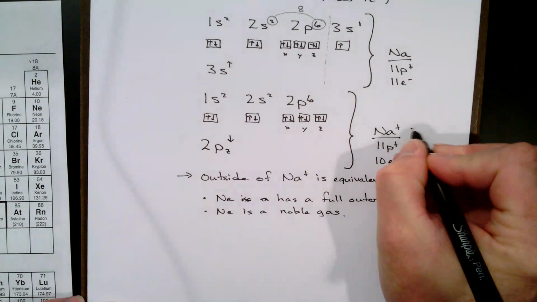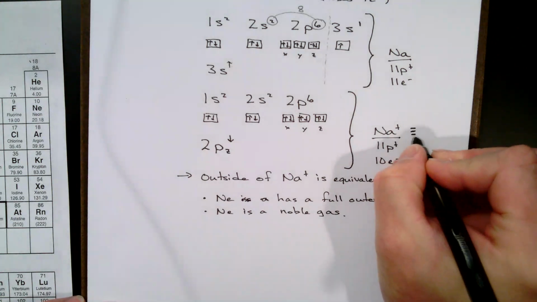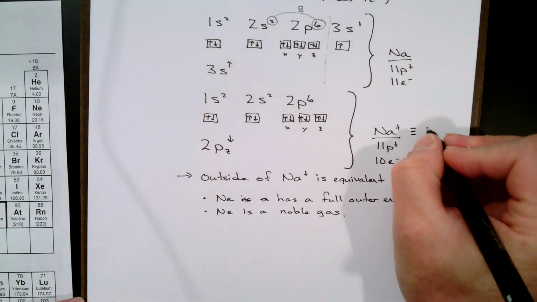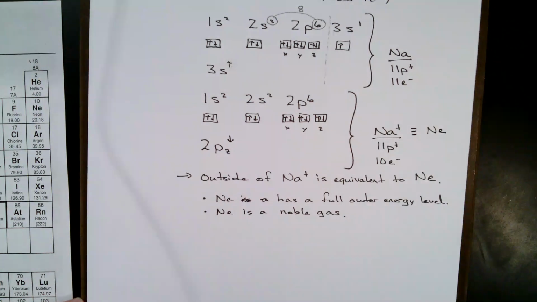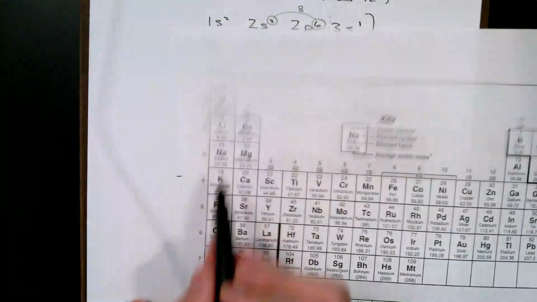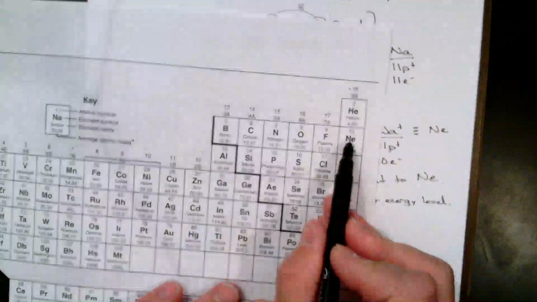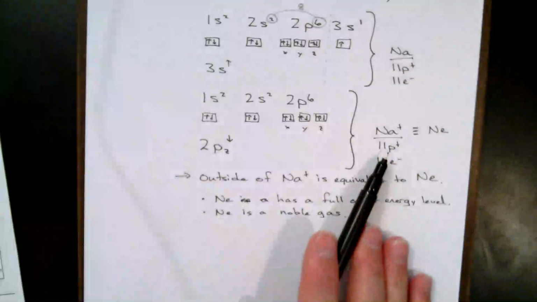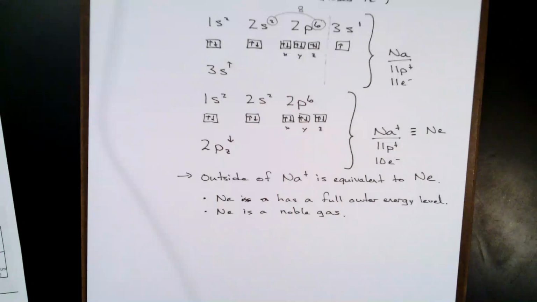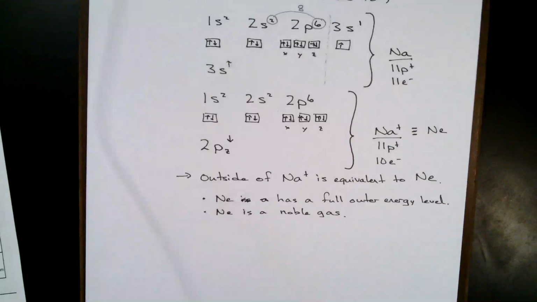So we could say, I'm going to use this, not equal, but equivalent to Ne. They're not the same because Na has 11 protons and Ne only has 10 protons. So these two are not equal, but they are equivalent on the outside.